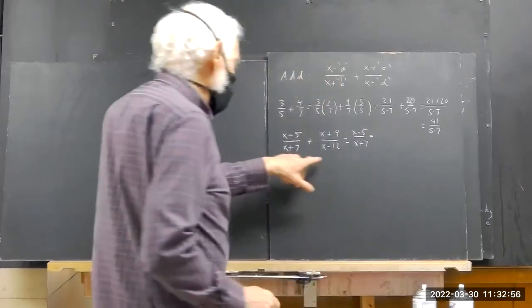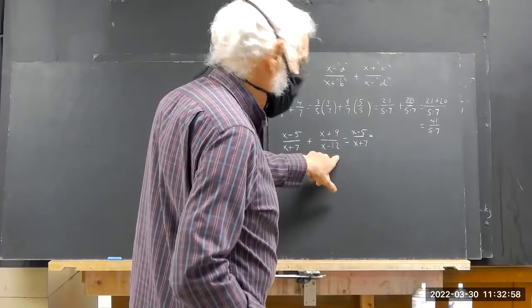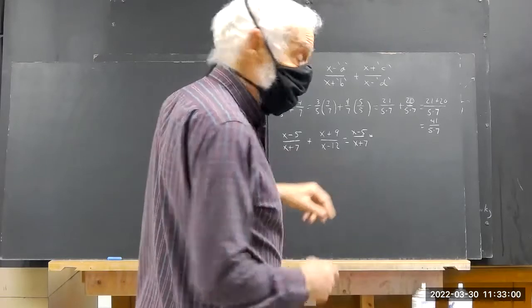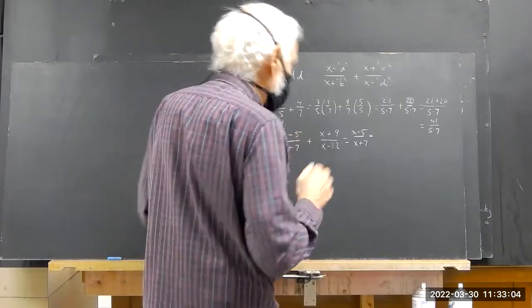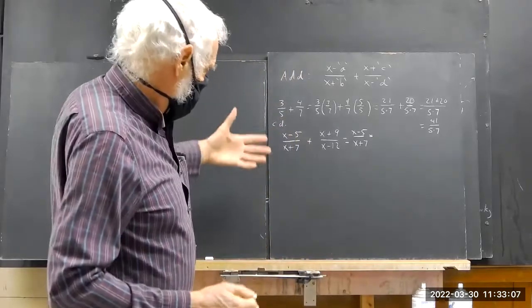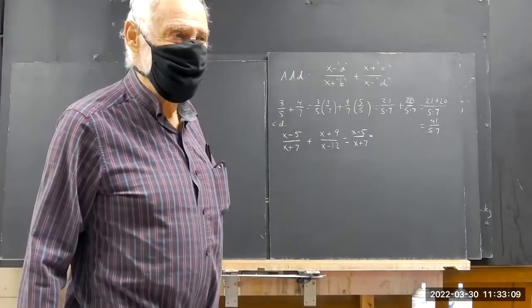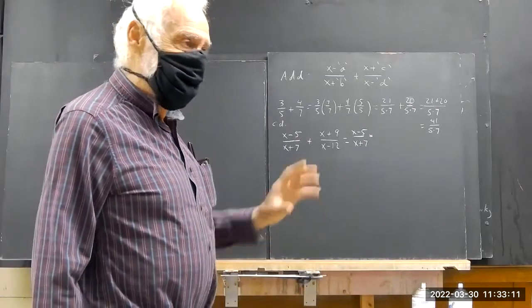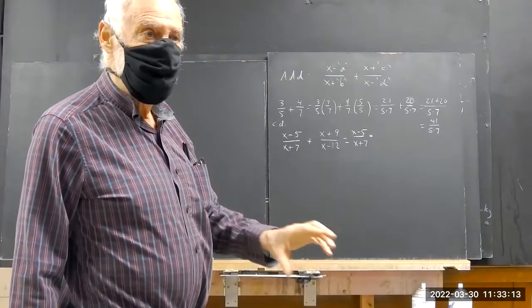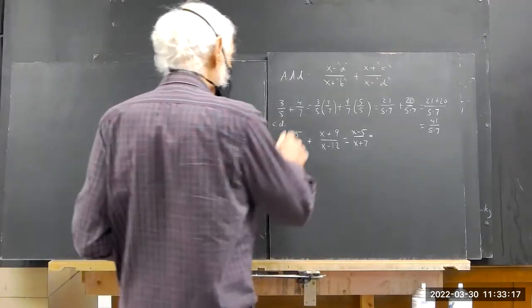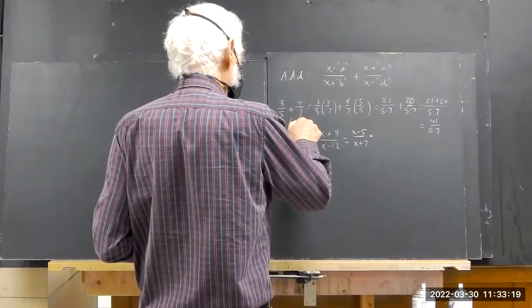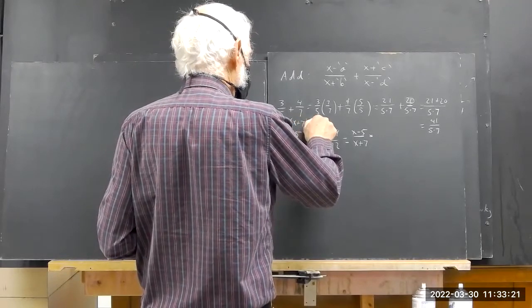Well, our common denominator is going to be x plus 7 times x minus 12, right? So we want to write that out. And if you're not writing it out, well, start writing it out. Okay. You want to write out every step until they start making sense to you and you understand why you're doing it. So common denominator is x plus 7 times x minus 12.